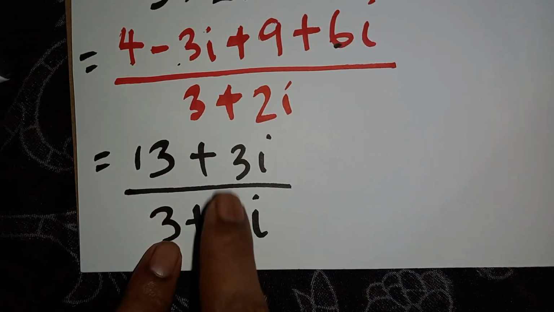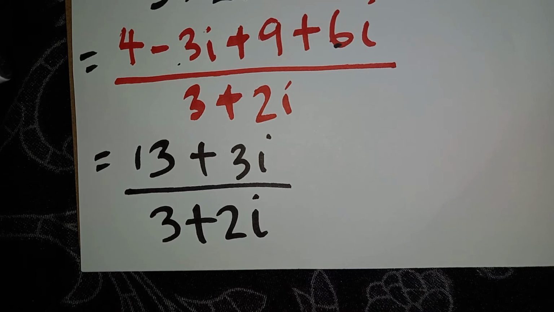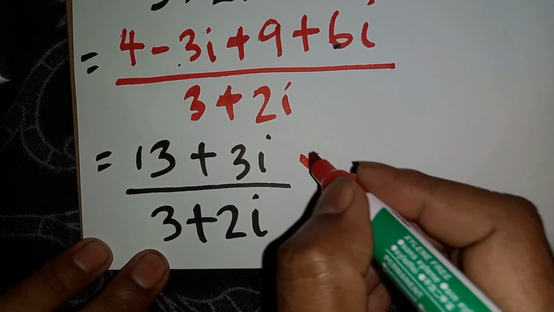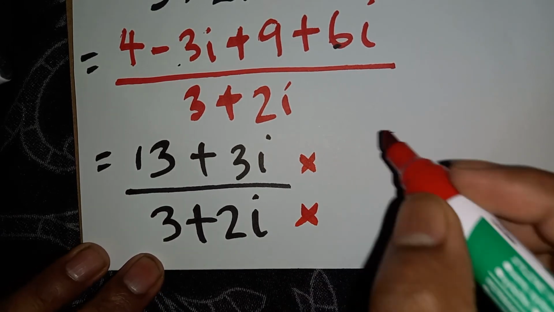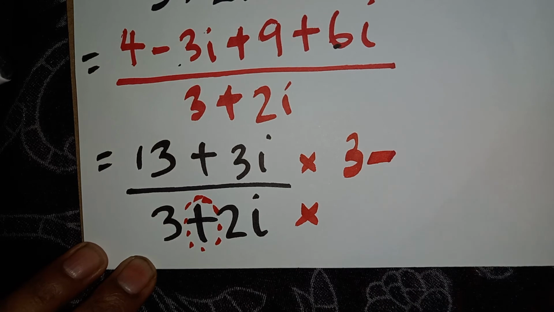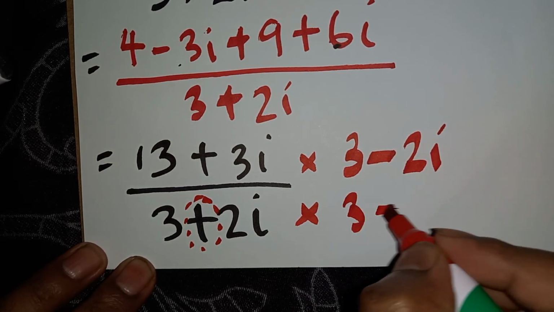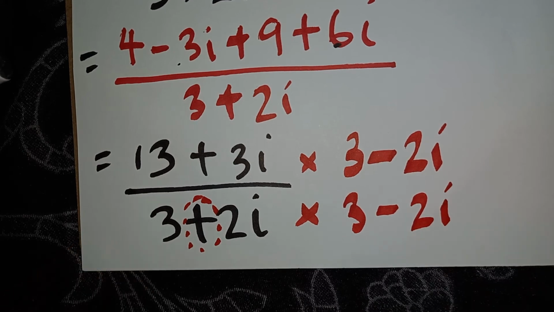So if I do that, that will become times 3, conjugate of the denominator. We are going to change this sign, so minus 2i, 3 minus 2i, right?